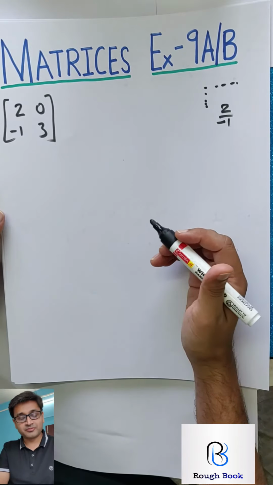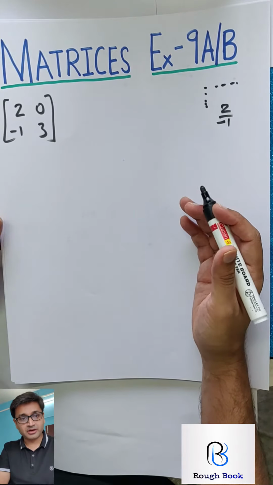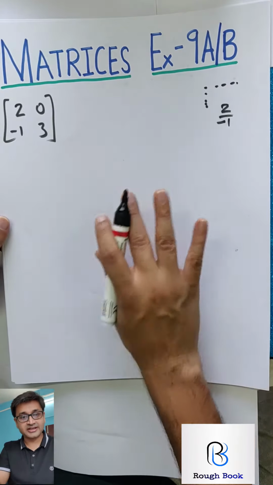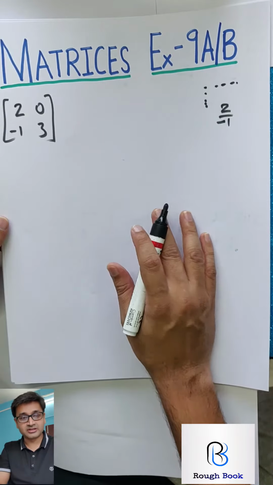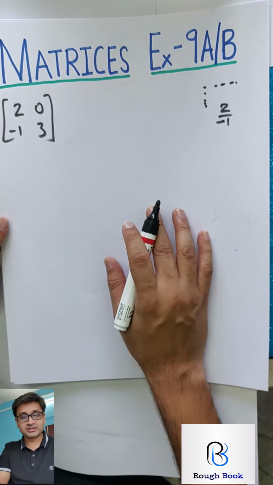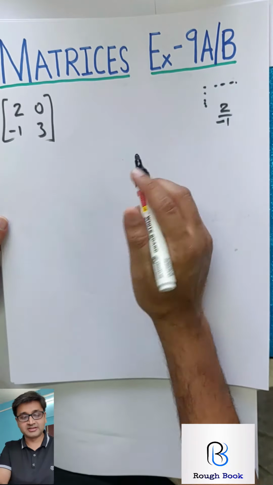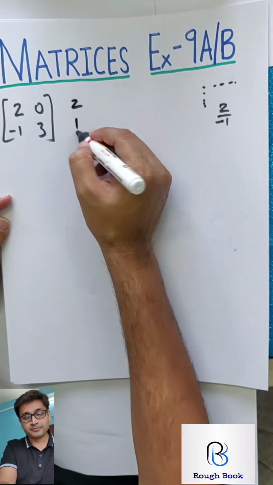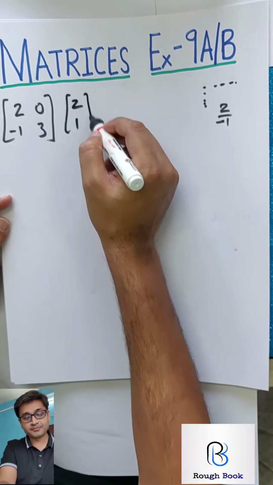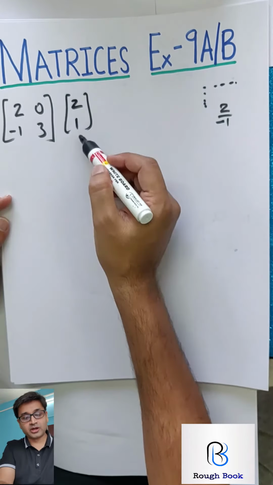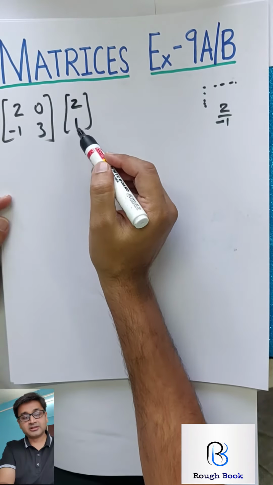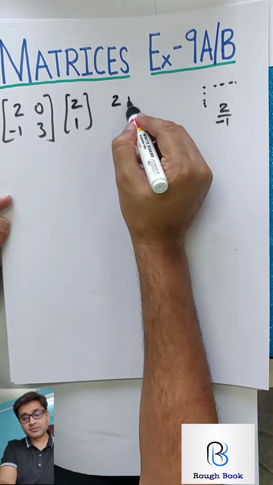There are different types of matrix: square matrix, rectangle matrix, identity matrix, null matrix, row matrix, column matrix. We need to understand all of them, and they are very simple. Now if you see only a column, can you see over here? This is like a column, 2 and 1, vertical, right? This is called a column matrix.